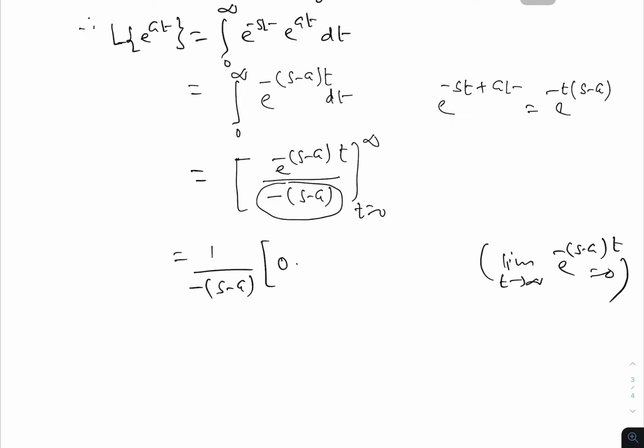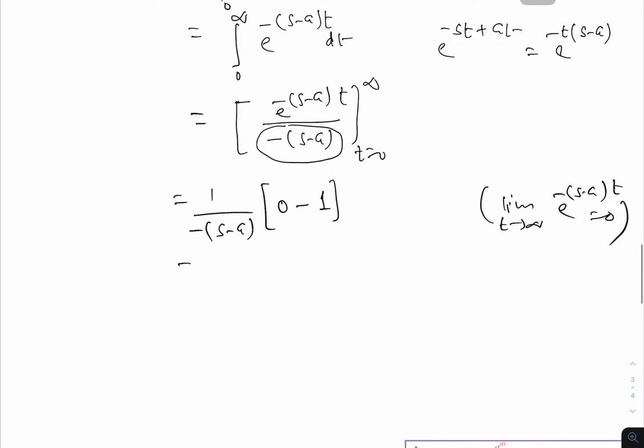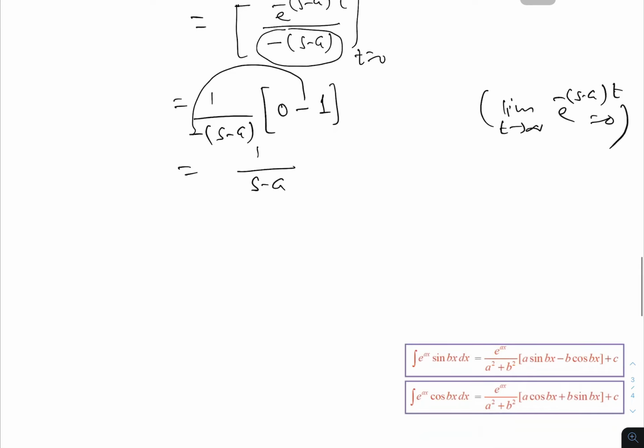So this part is 0, minus, when you take t equal to 0, e power 0 is nothing but 1. So that is equal to 1 over s minus a. So the Laplace transformation of e power at is equal to 1 over s minus a.